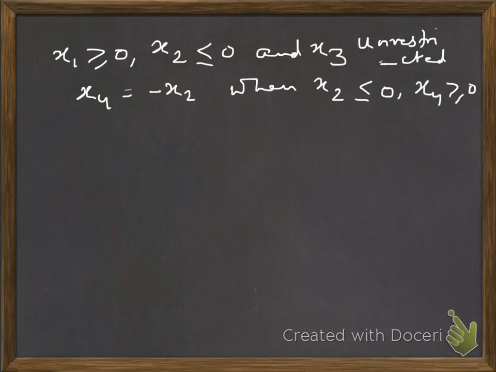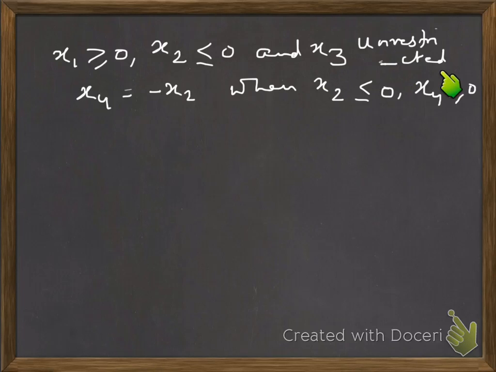So this simple substitution will convert the decision variable x2 into another decision variable x4, where x4 is greater than equal to 0 when x2 is less than equal to 0. This way we can get rid of this difficulty.